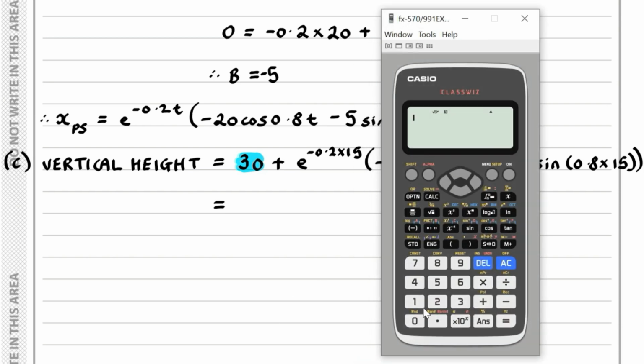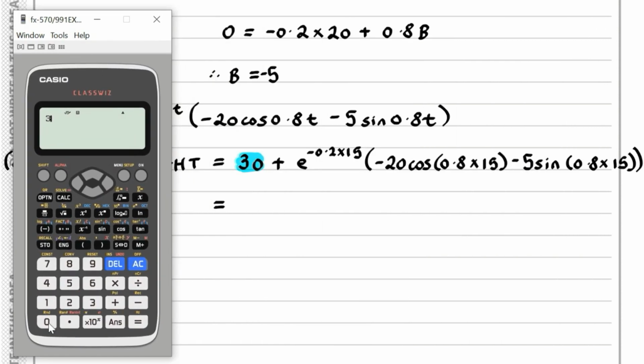So if we work out the vertical height, we have 30 plus e to the power of minus 0.2 times 15, multiplied by minus 20 times the cosine of 0.8 times 15, minus 5 times the sine of 0.8 times 15.